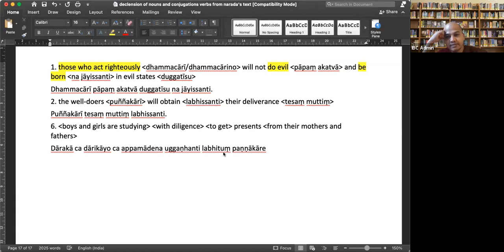From their mothers and fathers. The word for mother is janani and father is janaka. And this is ablative plural. You see, from. Jananihi cha, janakehi cha. From their mothers and fathers.